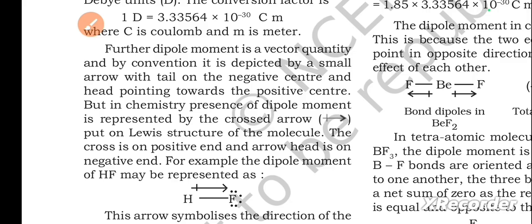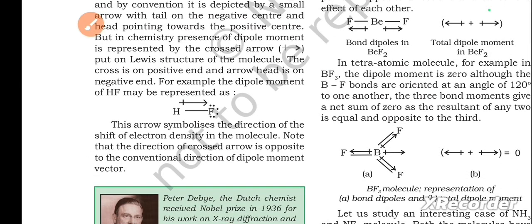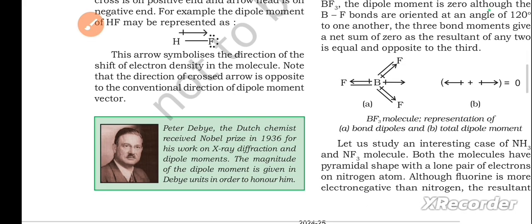But in chemistry, the presence of dipole moment is represented by a crossed arrow put on the Lewis structure of a molecule. The cross is on the positive end and the arrow head is on the negative end. For example, the dipole moment of HF may be represented like this. This arrow symbolizes the direction of the shift of electron density in the molecule. Note that the direction of the crossed arrow is opposite to the conventional direction of dipole moment.